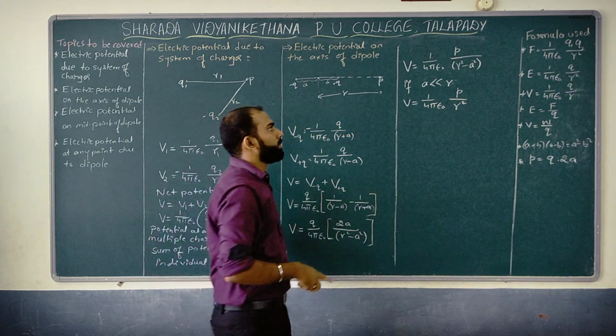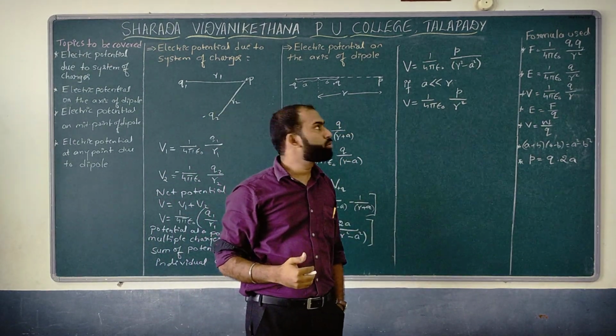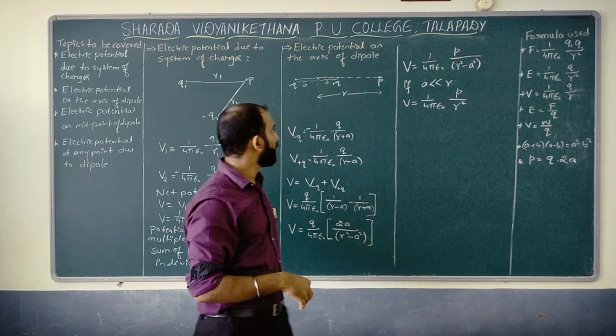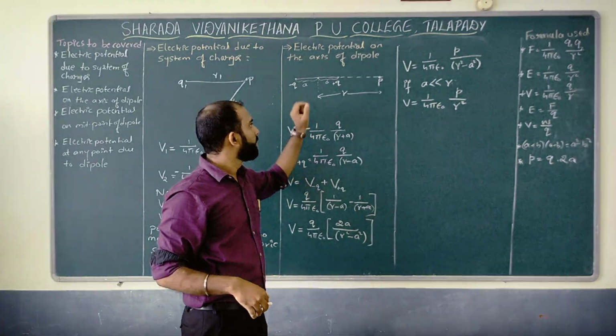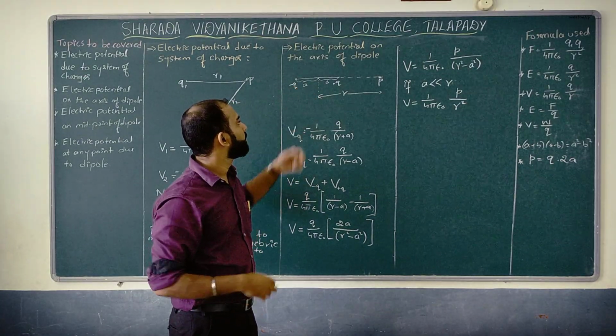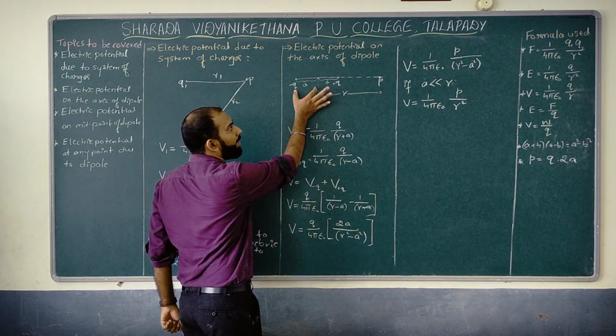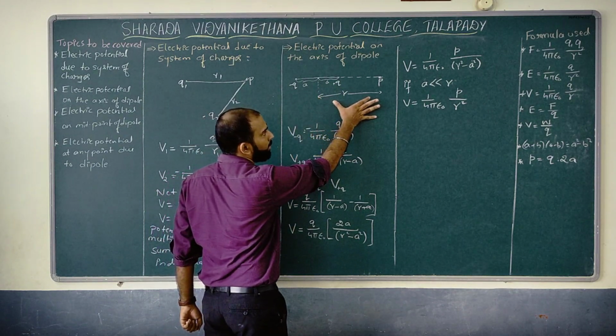Now your job is to observe one more factor. Don't you think the length a is much smaller than r over here?